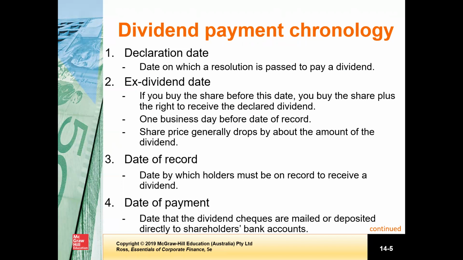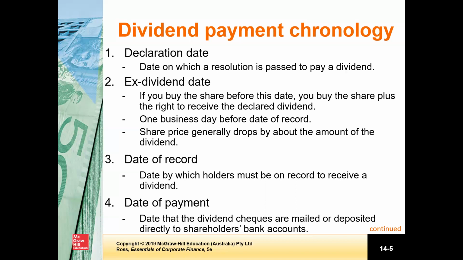So if you buy the share before this date, you are eligible for the dividend this year. If you buy the share on this date or after, you will not get the dividend. Rather, the previous owner will get the dividend. So the ex-dividend date essentially removes any ambiguity about who is entitled to the dividend.